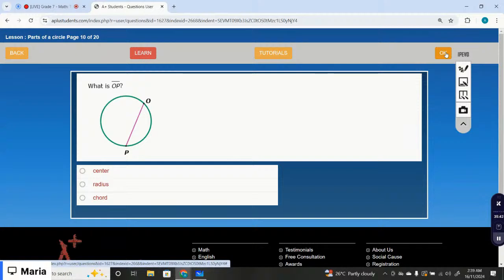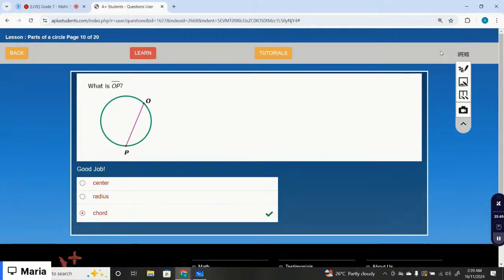OP is the chord on the circle. The correct option is chord. Option number 3 is the correct option.